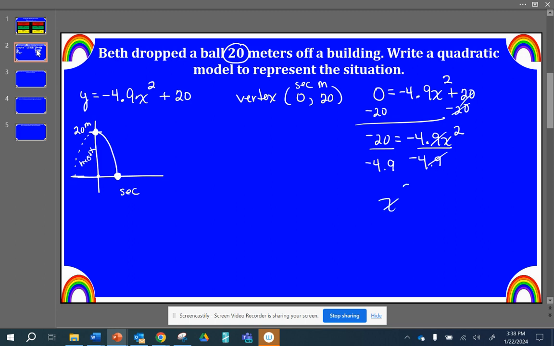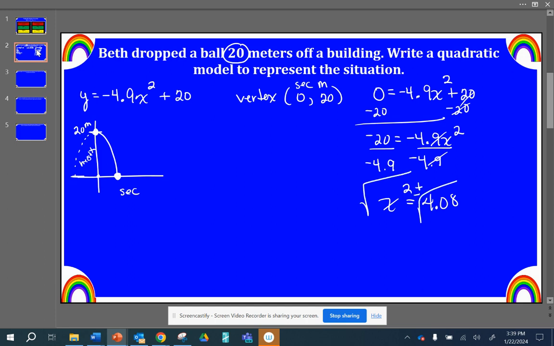And we have x squared is equal to, let me grab my calculator. And we get 4.08, and it keeps going. I'm just going to round it to 4.08. And then we have to take the square root, plus or minus.